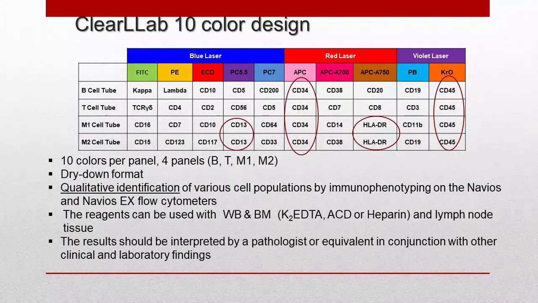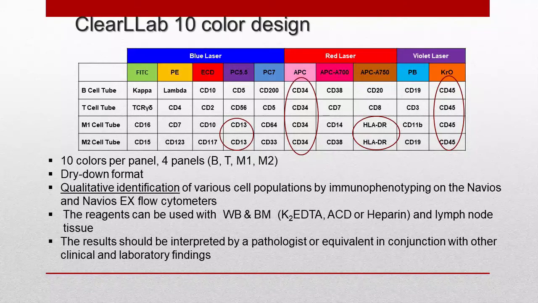The ClearLab 10-color workflow is a sequence of steps that allows the laboratory to run the ClearLab 10-color product in a reliable, standardized way. This includes standardizing the way the instrument is set up, with the use of FlowCheck and FlowSet beads.